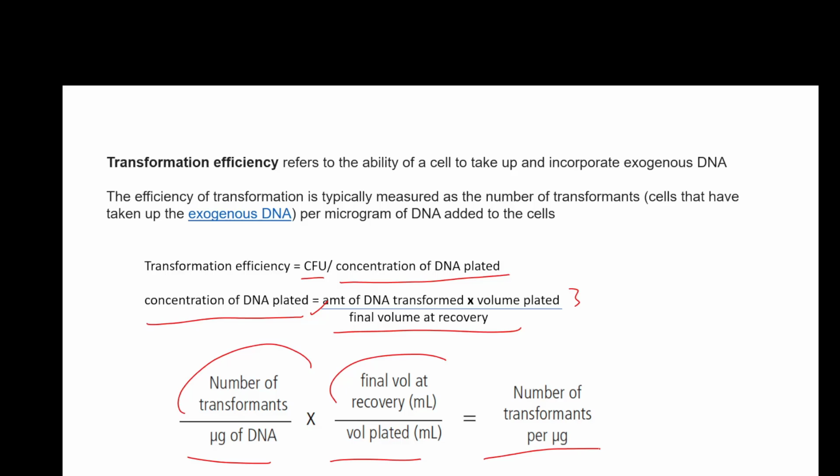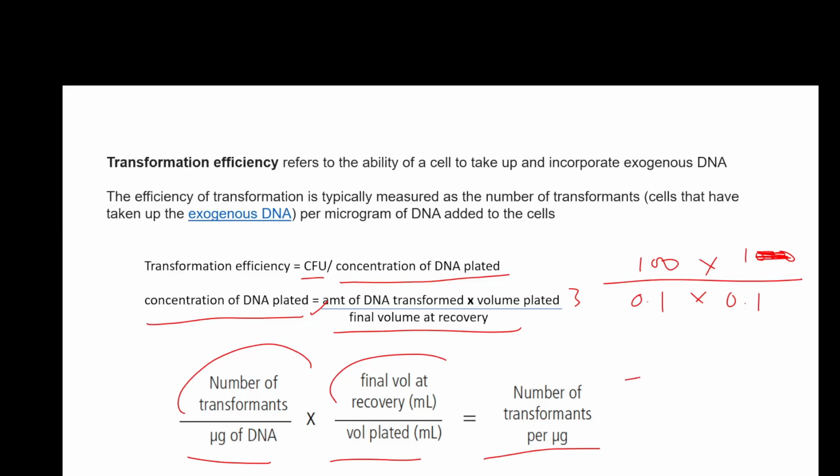Suppose you got 100 colonies and the final volume was 1 ml. While plating, you used 0.1 microgram of DNA and you plated only 100 microliter, that means 0.1 ml.